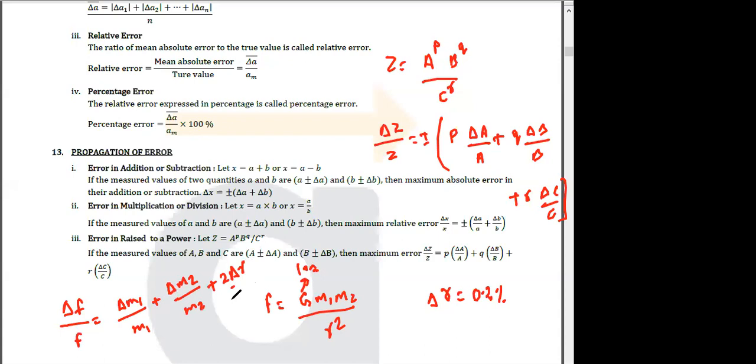Yes or no? Tell me, yes or no? Because G is a constant, so constant does not change. Step by step, I'm taking step by step. Now delta m1, I said it is 0, no change. Delta m2 is also 0. Delta r is 0.2%, which means delta r by r into 100 is equal to 0.2.